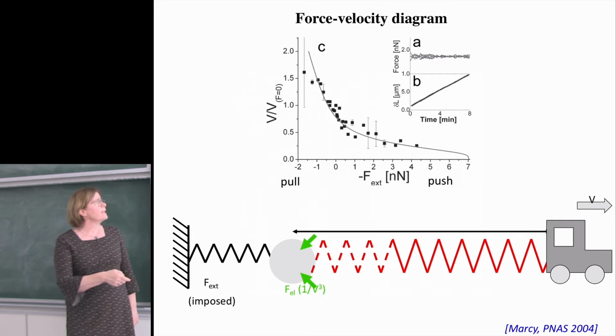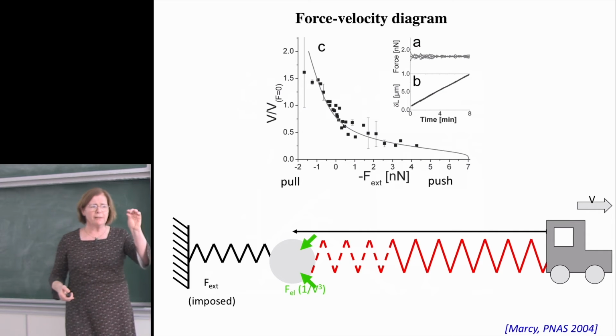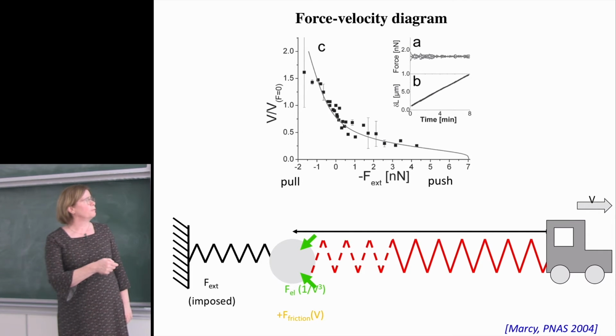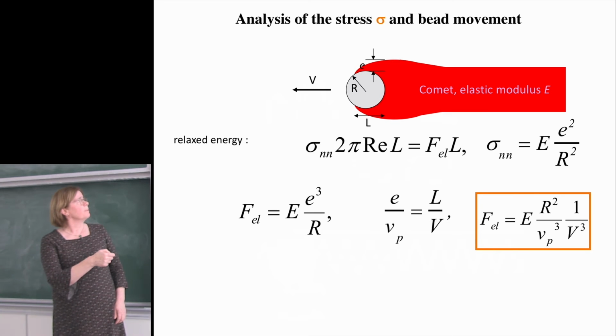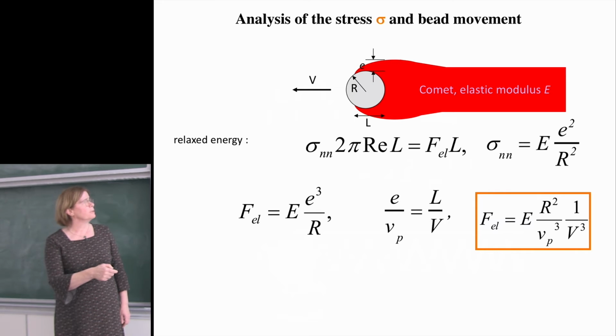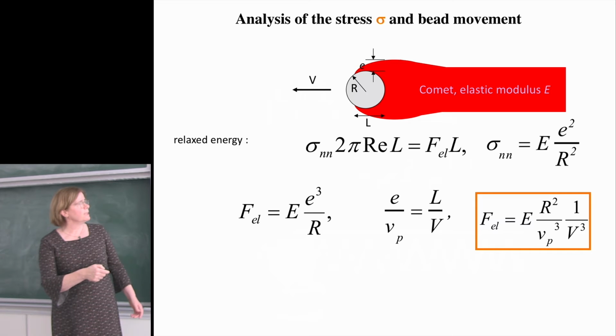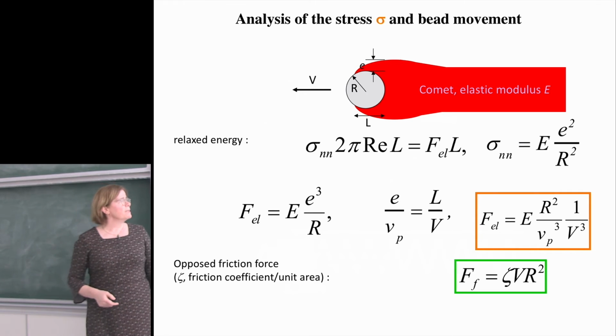So we understand this as an elastic force that squeezes the bead forward, but also a friction force that is due to the friction between this network and the surface. And so through this tangential stress that we talked about in the symmetry breaking problem, we can derive the elastic force. So the elastic force reads like this, where Vp is the velocity of polymerization of the network, V is the velocity of the bead, R still the radius, and E the elastic modulus.